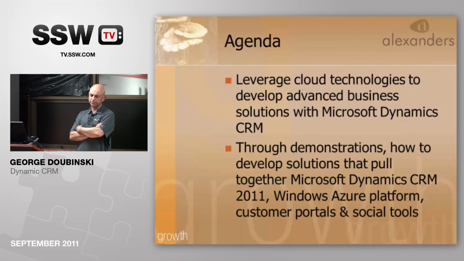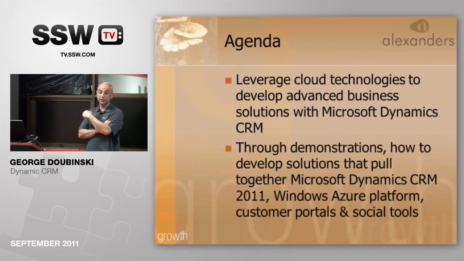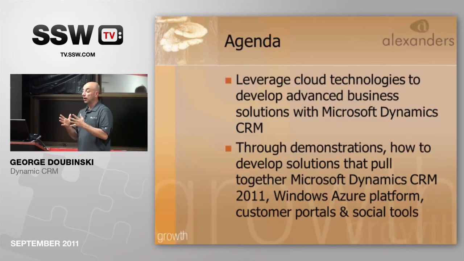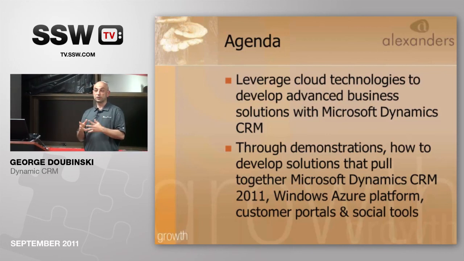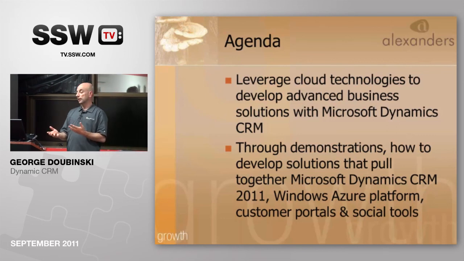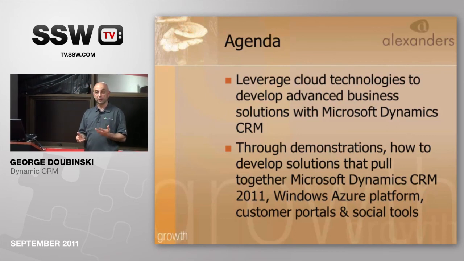I'll show you some basic functionality of CRM, how to use it, how to connect to it, how to integrate it, say, with external applications, in particular Windows Azure. So we're going to talk about how to leverage cloud technologies to develop applications that utilize both the cloud, Windows Azure in this particular instance, and Microsoft Dynamics CRM.